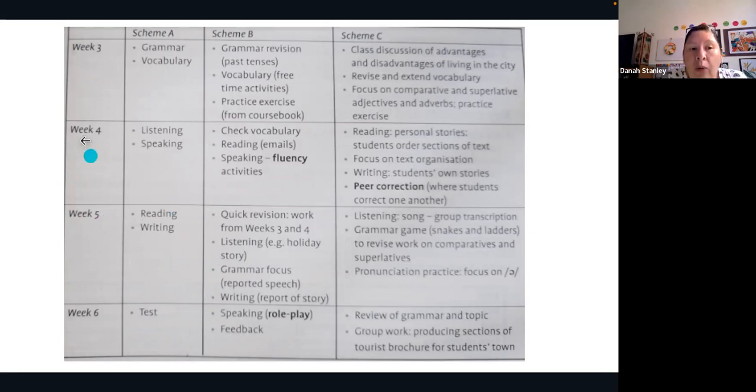The previous week, on week number 4, they have the input skill, the output skill, input productive skill. They are going to check vocabulary. They are going to have a reading, and they are going to have a speaking, okay? In this case, they are going to work on fluency. Do you think that they are going to need fluency when having a role play?